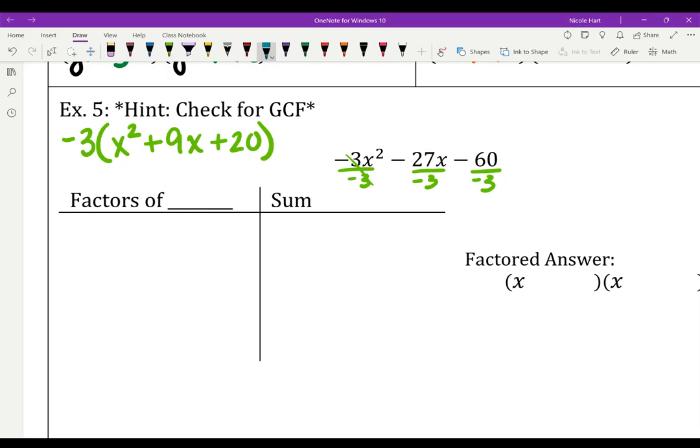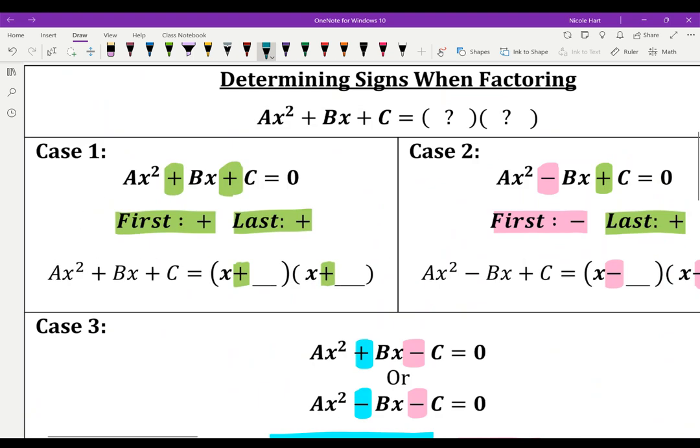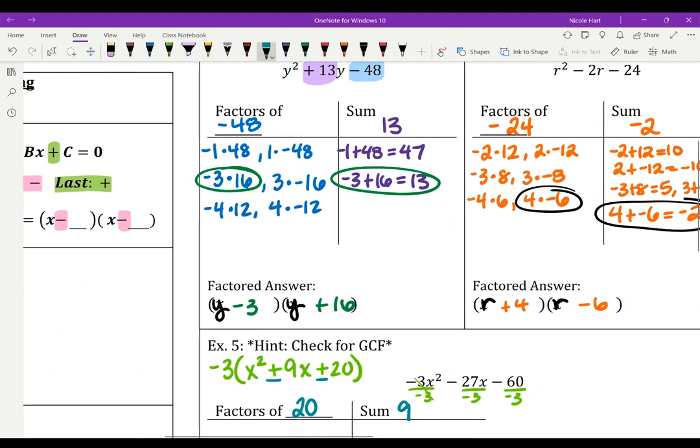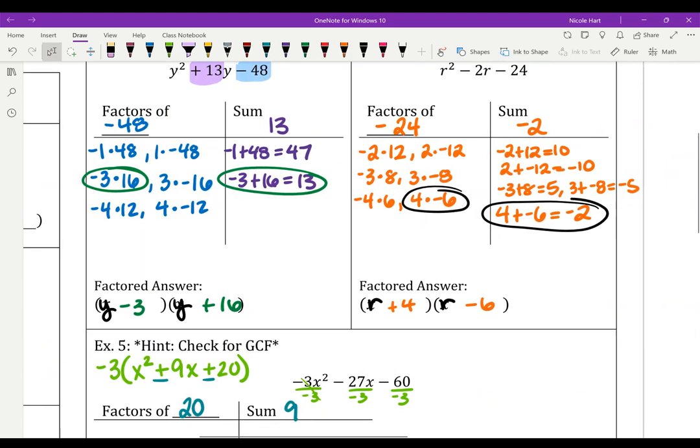I am going to look for numbers that multiply to equal a positive 20 and add together to equal a positive 9. Since these are both positives, I know my factored answers are going to have both plus signs. So again, that's case 1 that we talked about earlier. If both B and C are positive, or I see 2 plus signs, my factored answer is going to have 2 plus signs as well.